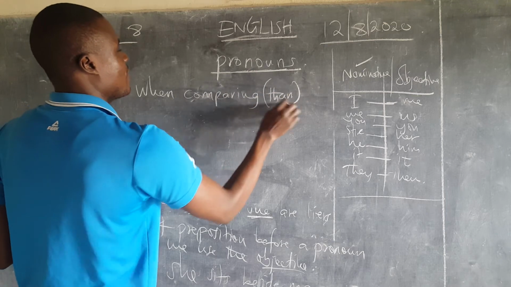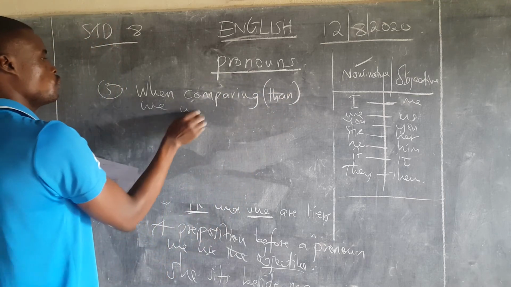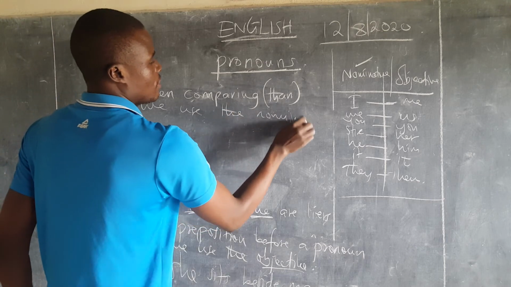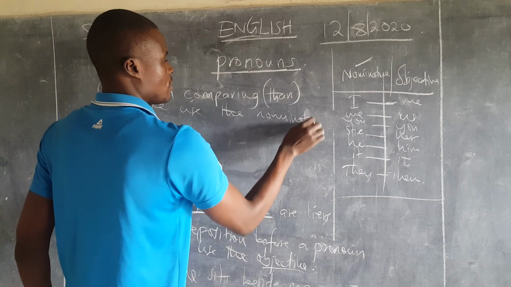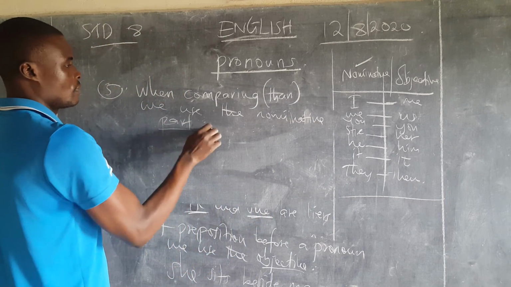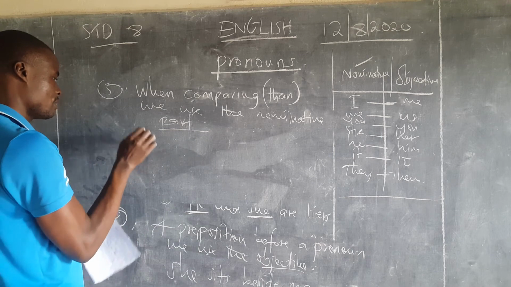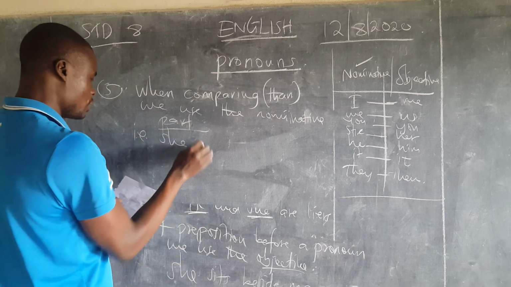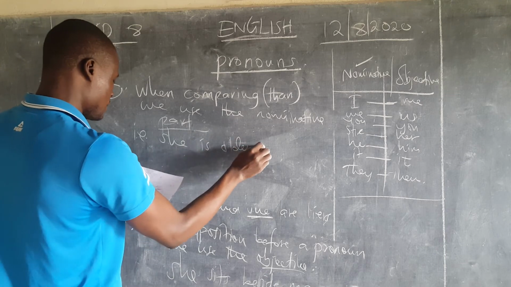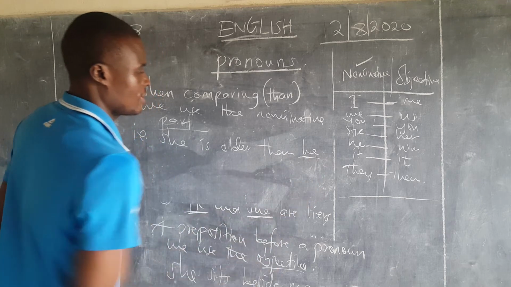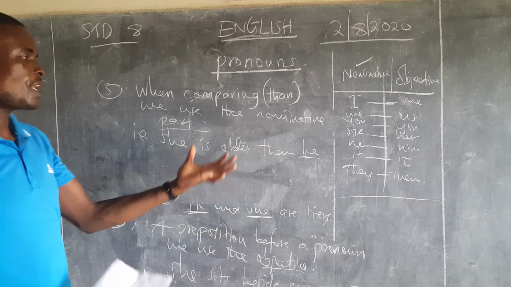So we use the nominative part. For example, she is older than he. She is older than he.